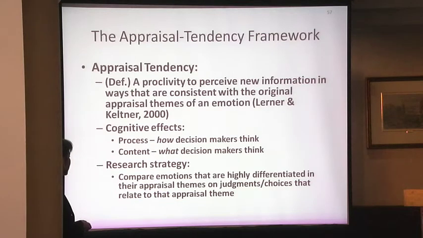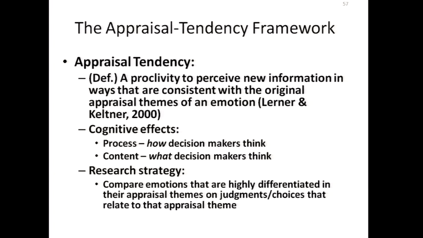It also can affect what decision makers think. I'm going to go over this very quickly as the theoretical framework, but I'm happy to talk more with anyone or give papers. So the strategy that emerges from this framework is that you want to compare emotions that are highly differentiated in the appraisal themes or judgments that relate to that.